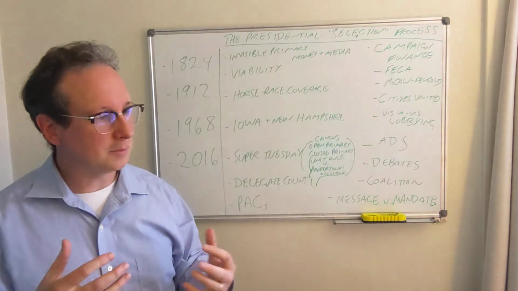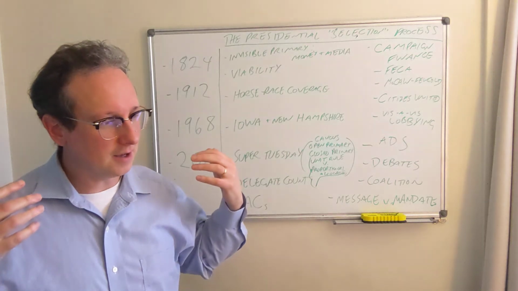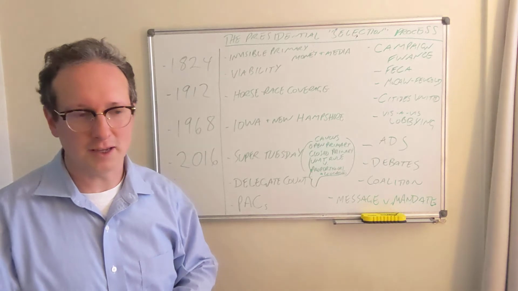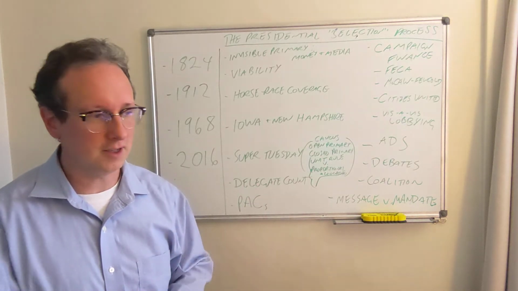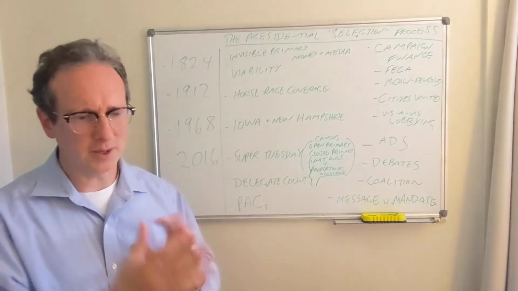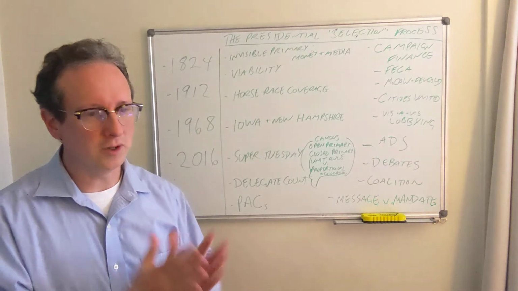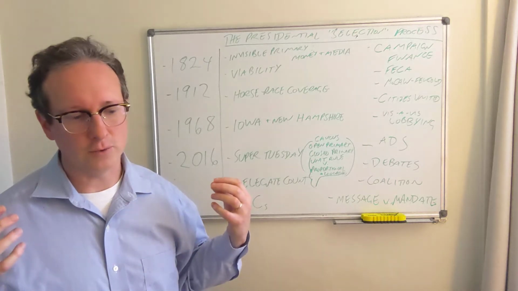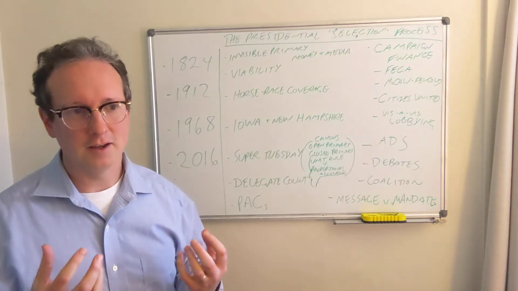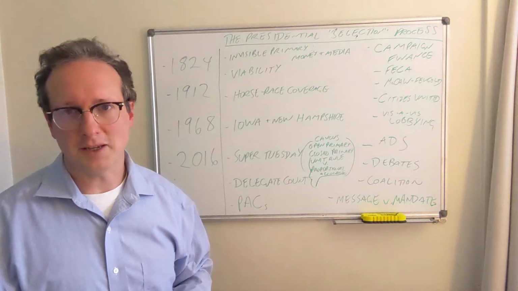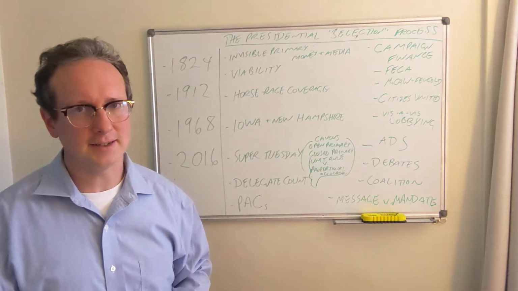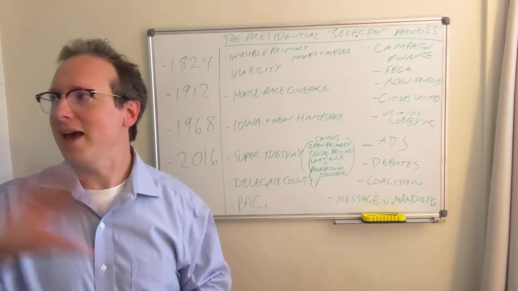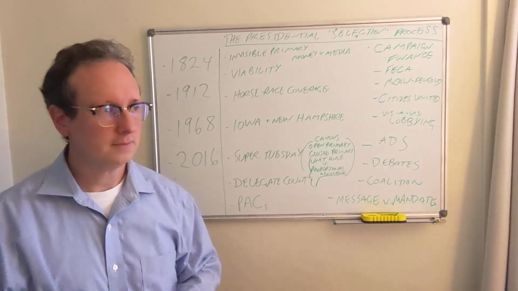These were all meant to be something of a limit on the amount of money that can permeate into presidential campaigns and any federal election campaigns, because they saw that Watergate was a scandal that wouldn't have existed were it not for the need for all of this money to flow in to keep presidential campaigns competitive, which really doesn't exist at anywhere near the same level as it does in the U.S. anywhere else in the developed world.